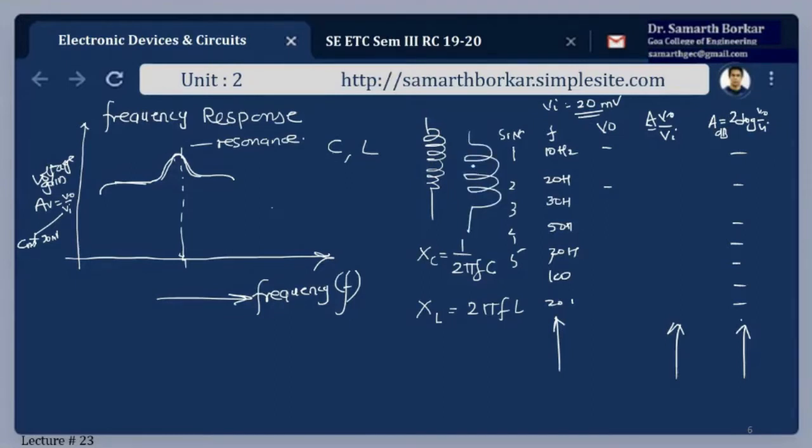Now, in between the windings, there is capacitance created. This is referred to as interwinding capacitance. Now, this interwinding capacitance gives rise to the resonance.